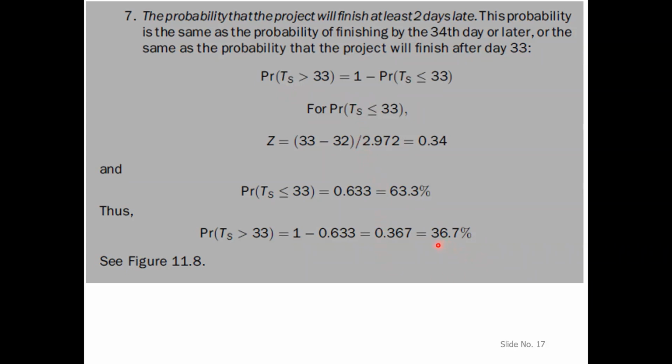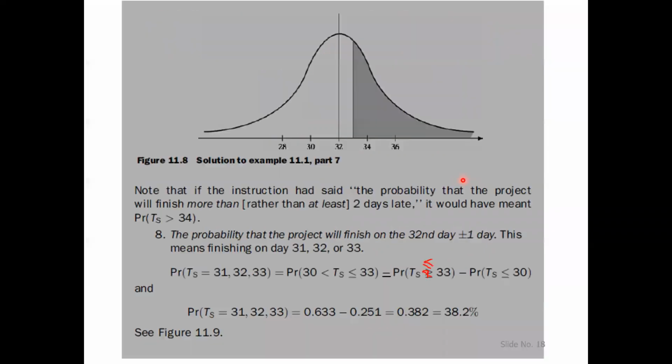That means the probability of finishing 2 days late is 36.7%. In a similar manner, you will think about it, and then you will agree that the answer will be like that. If you see that graphically, it verifies our concept of 2 days late.